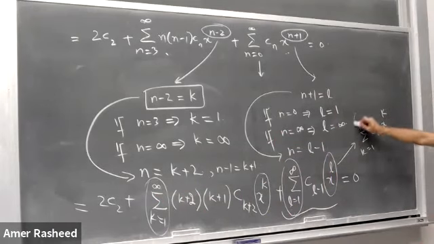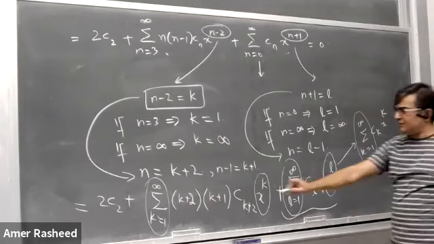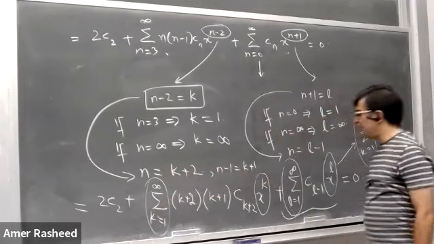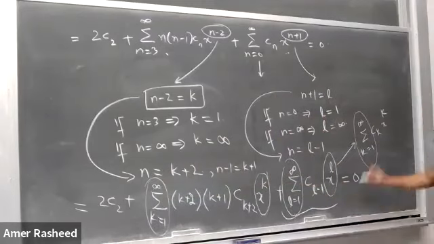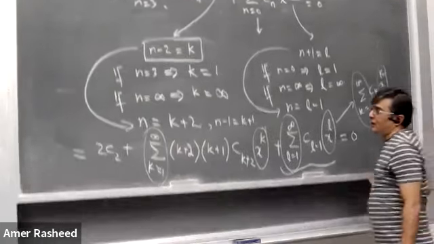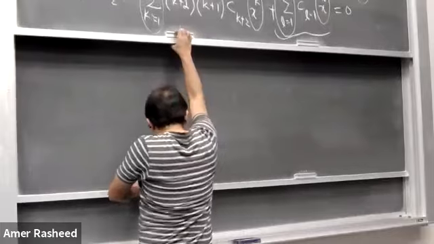Then you can take common this sum, and x power k here, and x power k here. Now, how do we write it?